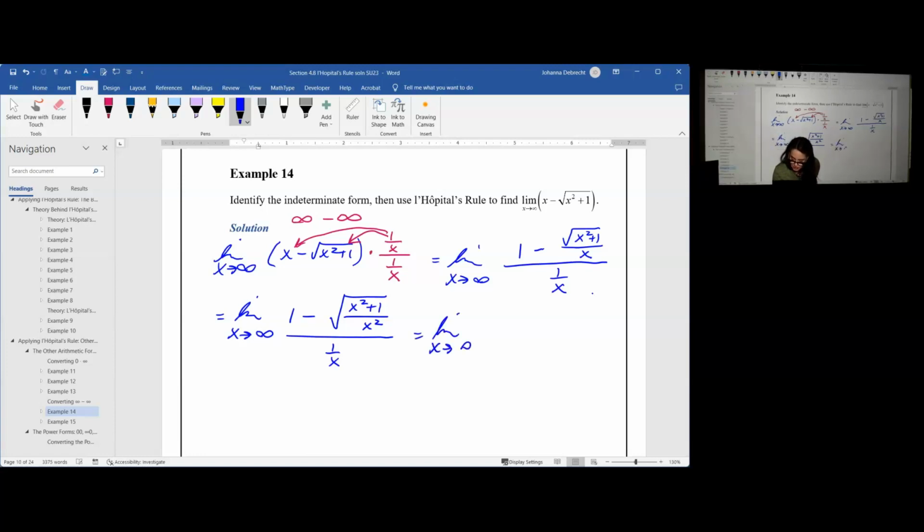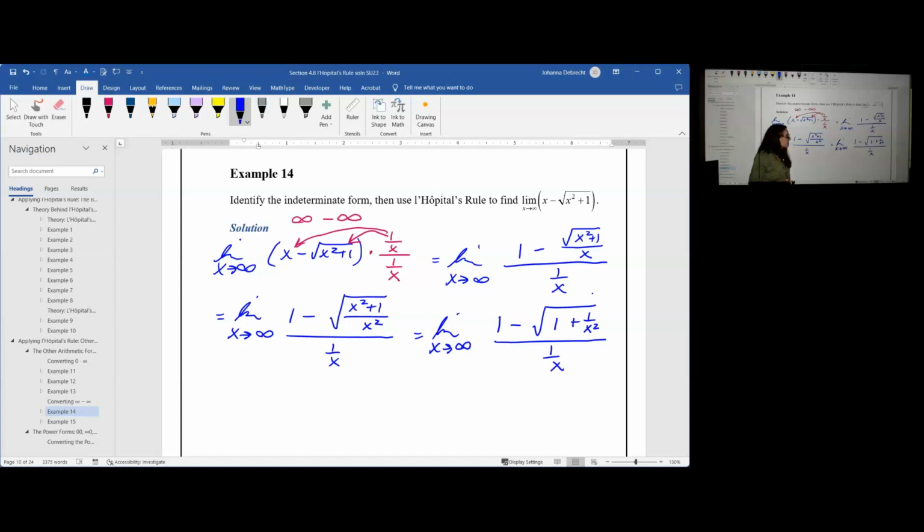This leads to the following form: 1 minus the square root of 1 plus 1 over x squared, all under the square root, divided by 1 over x. Now I'm going to plug in again to see if I have an indeterminate form.